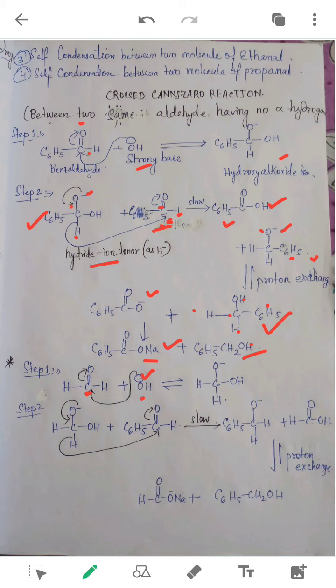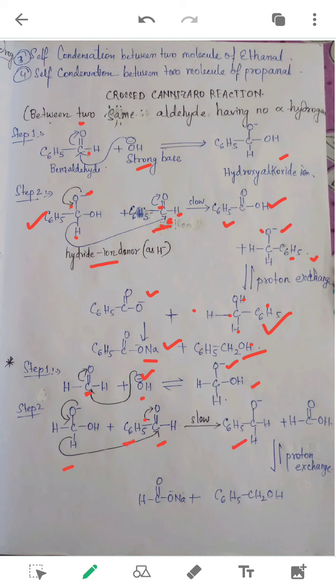And there is a shifting of electrons, so O minus over here, right? OH has been added up. Next, you are seeing the hydride ion transfer to the carbonyl carbon of another completely different aldehyde having no alpha hydrogen. Okay. Now there is again shifting of electrons, so you get it in this way, right?